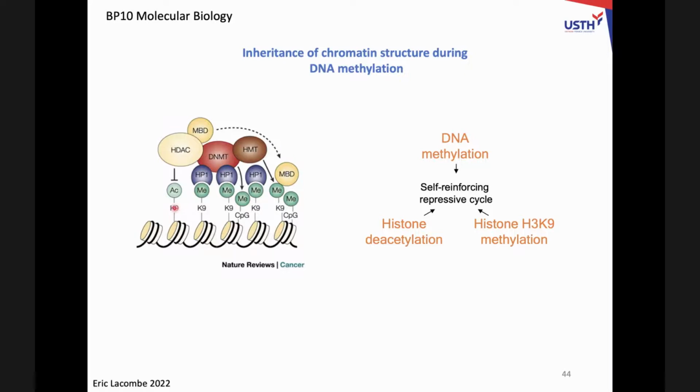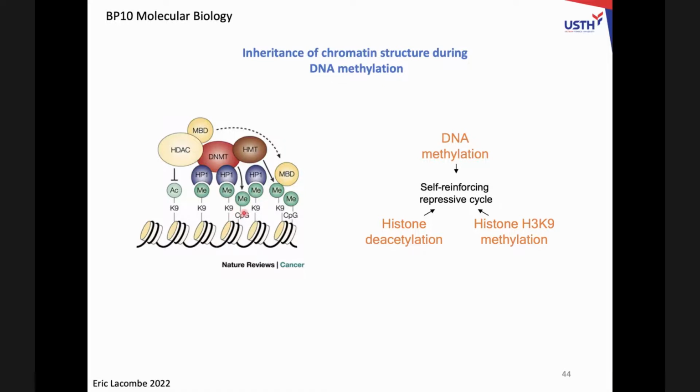So in this drawing, you see that it can be acetylated. Acetylated means non-compact. It can be methylated. Methylated means compaction. When it's methylated, it interacts with HP1, and HP1 interact with each other, so there is condensation. And look here, if you see the spot of the mouse, there is another methyl in green. It's not very well done, but it is the methylation of DNA.